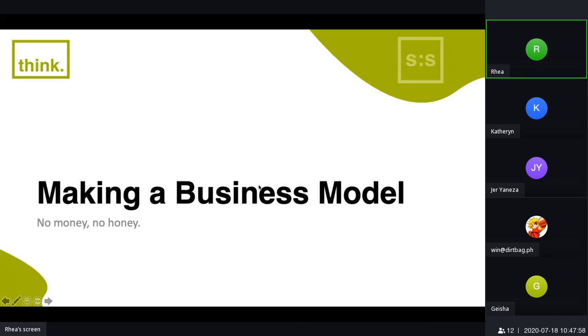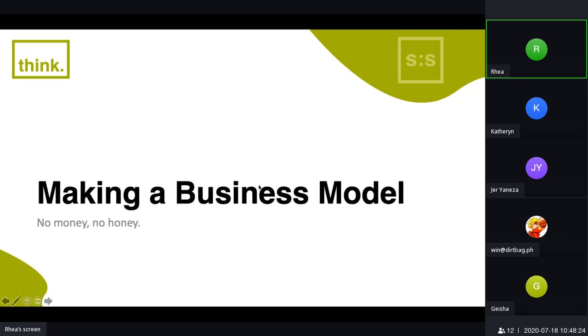But before we do so, you need to be able to identify the different parts in making your business model. Gish and Kai Kai have been very good in explaining the empathy map, your validation, and whatnot, because those are essential things you need to do prior to making your business model.